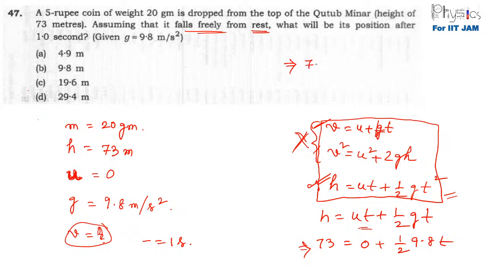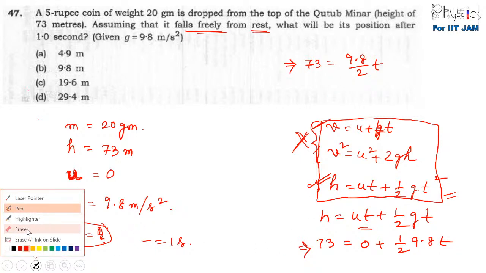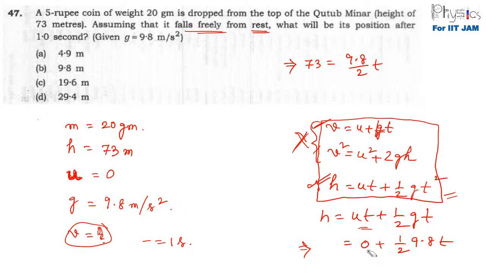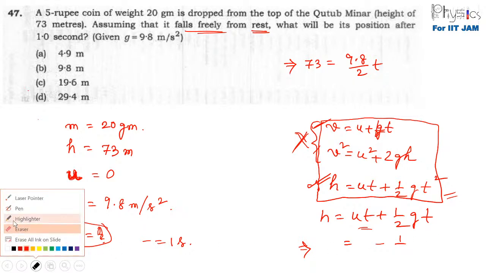This means 73 equal 9.8 by 2 t. Sorry, I'm taking it wrong. I should find the value of h actually.